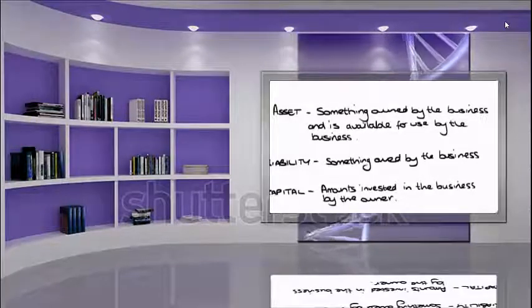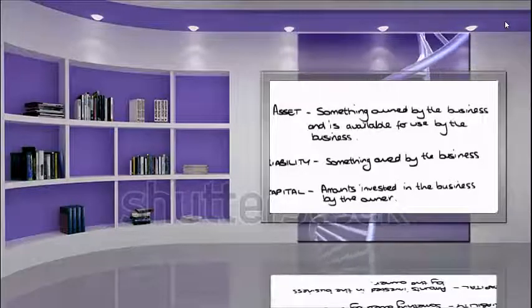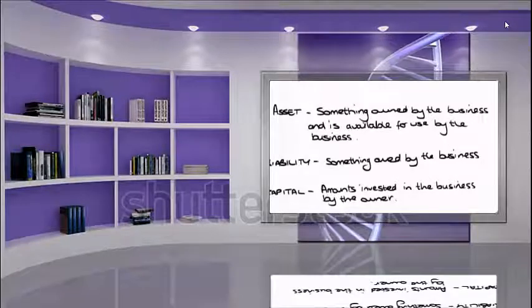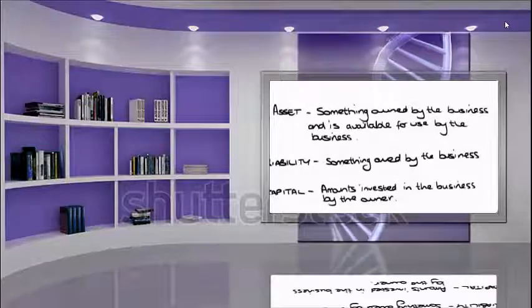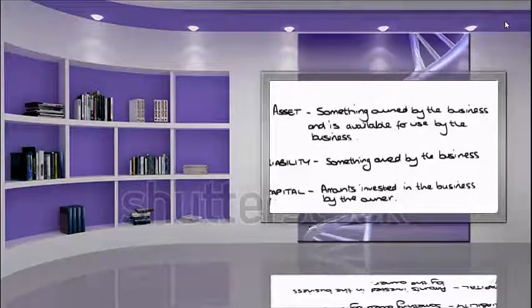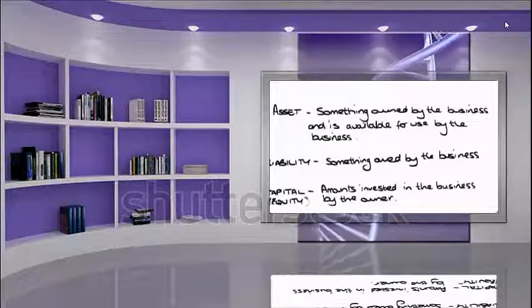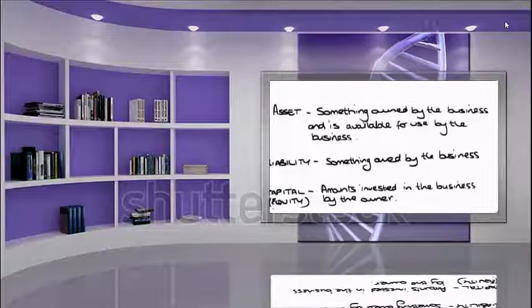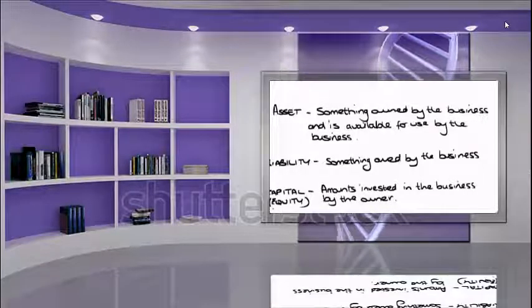Okay. So in later studies, particularly when we look at limited liability companies, capital will turn into the word equity. So do be aware that capital is another word for equity. And we shall see that word equity again later on in our studies.